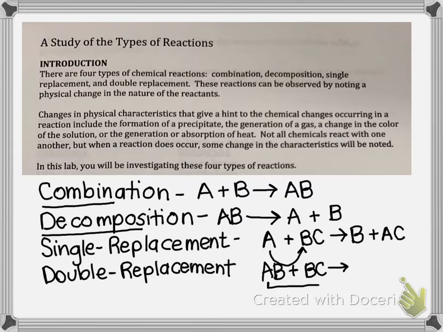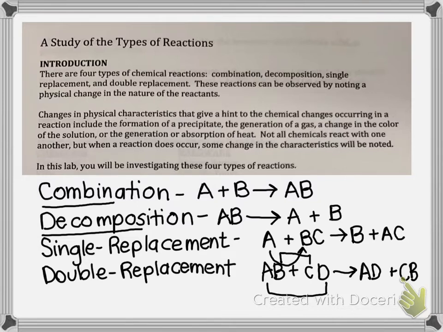I see a mistake. This should be CD. There we go. A is going to form a new partner with D, and C will form with B. So they switch partners, and that's double displacement.